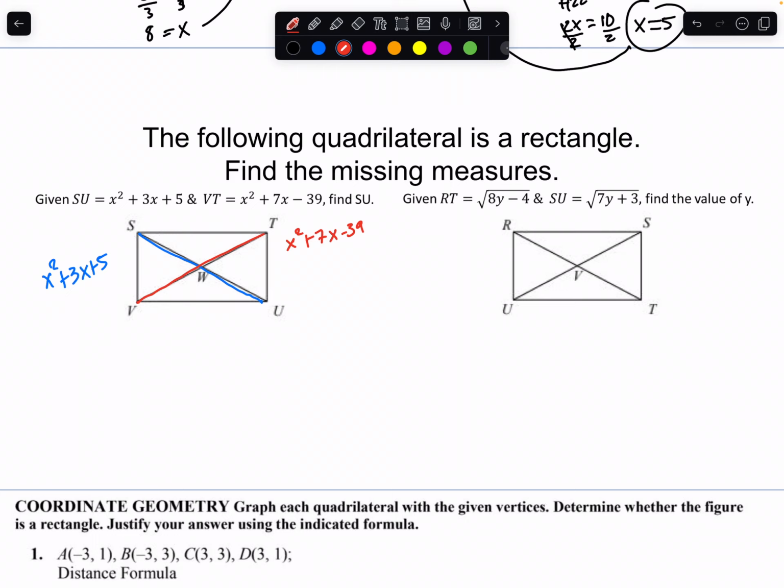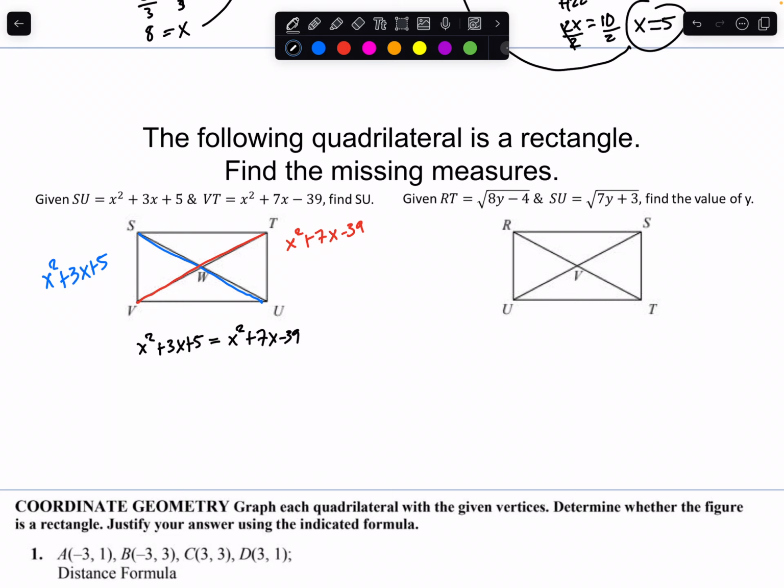Well, the diagonals are congruent, so I'm going to set them equal to each other. x squared plus 3x plus 5 will equal x squared plus 7x minus 39. It doesn't really matter what they represent as an expression. We know that the diagonals are equal. So if you have quadratics, set them equal to each other. If you have a regular algebra 1 problem, set it equal to each other. No matter what you're given, those two diagonals will always be the same.